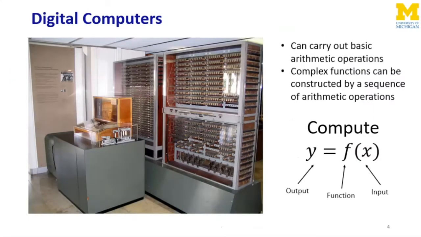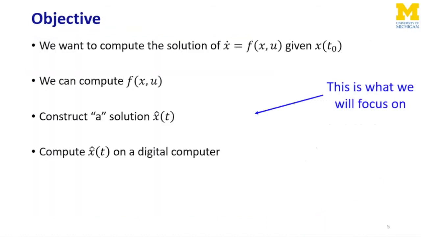On the other hand, digital computers are very good at carrying out basic arithmetic operations. So complex functions can be constructed by a sequence of arithmetic operations. You can compute an expression like y equals f of x, where x is your input, and you want to evaluate the function f at the input x. You can do this very easily on digital computers.